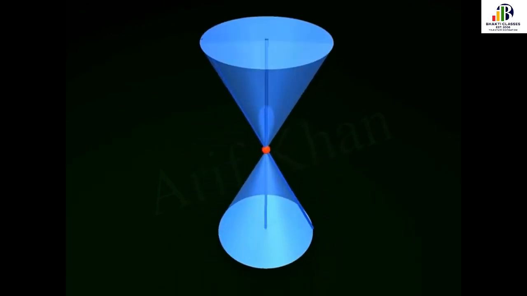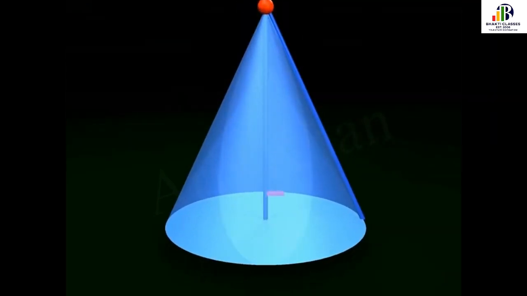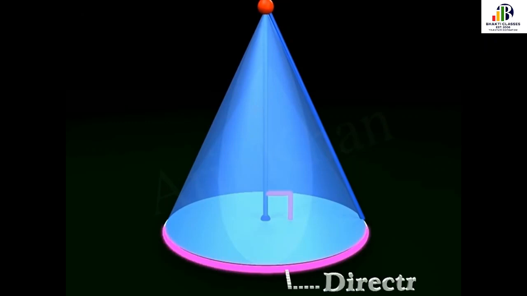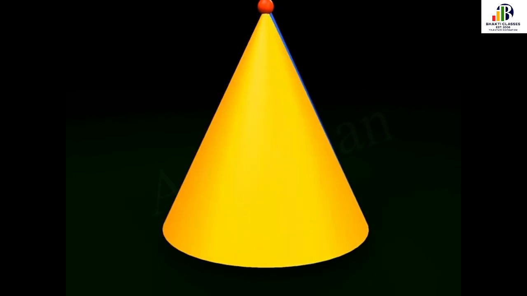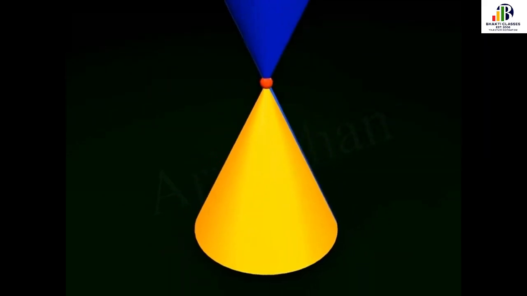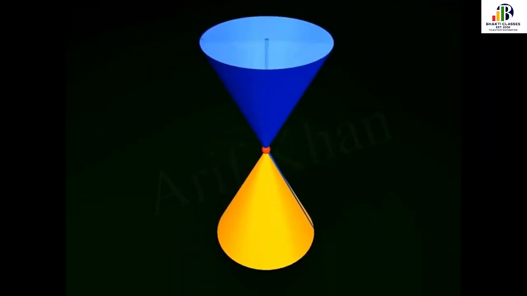There are two faces through the circular face, and this axis, the vertical line, is perpendicular to the base. You can obtain such a figure, and this is the first nappe and the other nappe is on the above side.